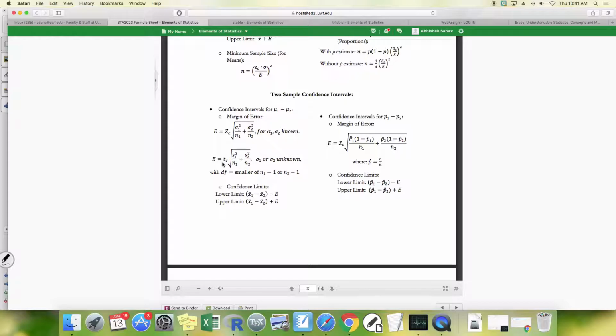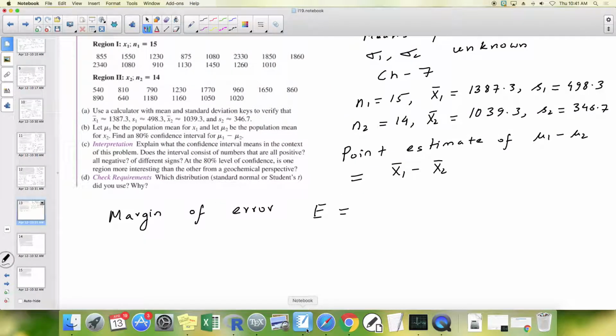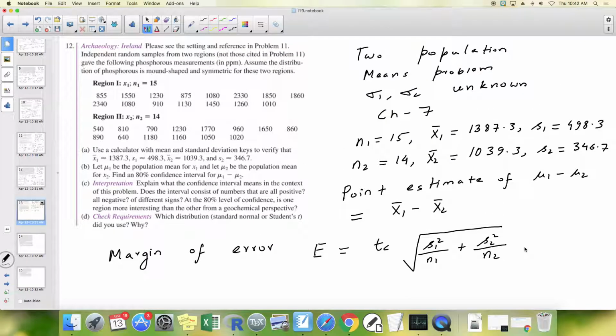So E equals Tc times square root of S1 square by N1 plus S2 square by N2. Now S1, S2 and N1, N2 we know, and they are given here.